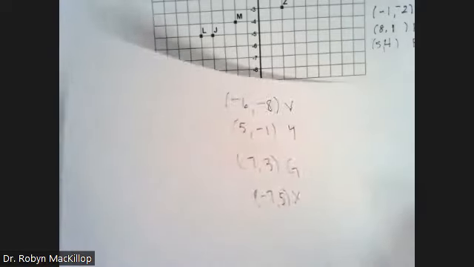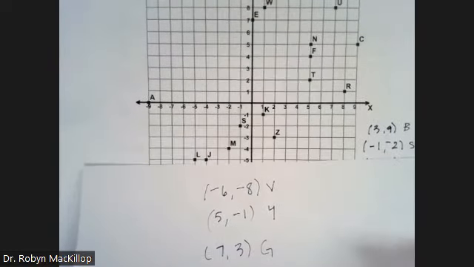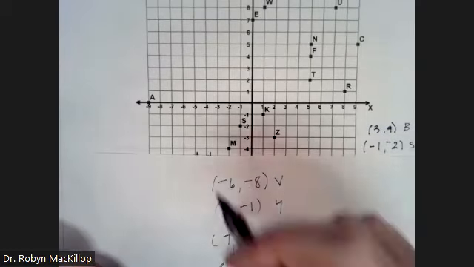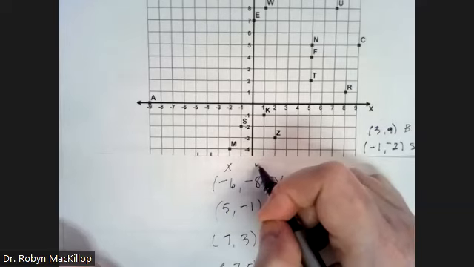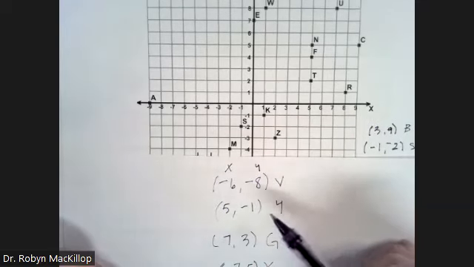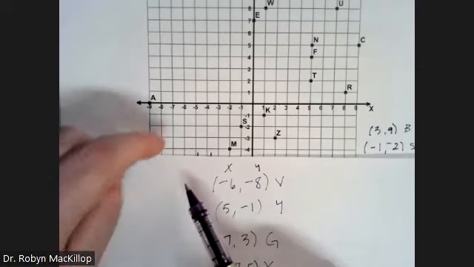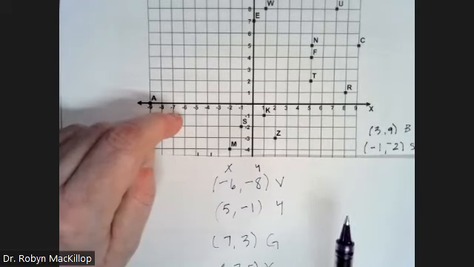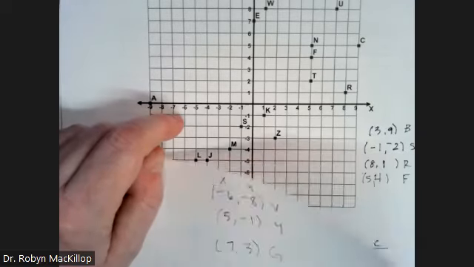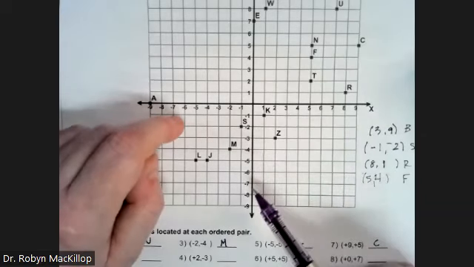All right, so we're going to look at our table again. And remember, the first number is always X. The second is Y. So let's find -6 on X. That's going to be right here. And then we need to find -8 on Y. So we'll go down -8.